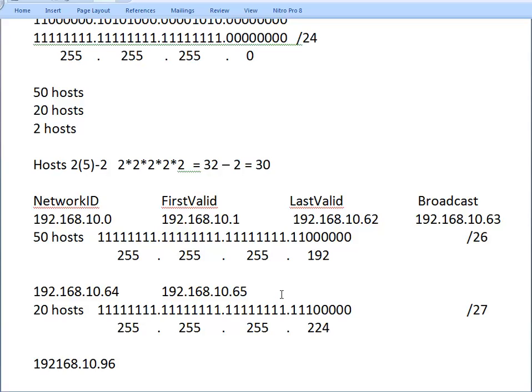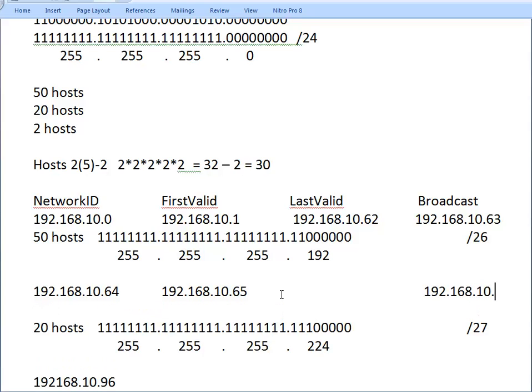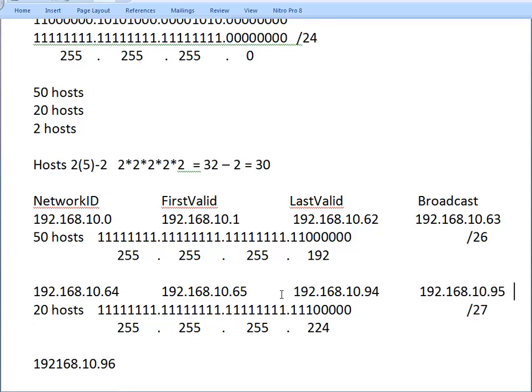Now the broadcast is the next network ID minus 1, so 192.168.10.95. Last valid is the broadcast minus 1, so 192.168.10.94. Okay. Now we just found it for the second network as well.